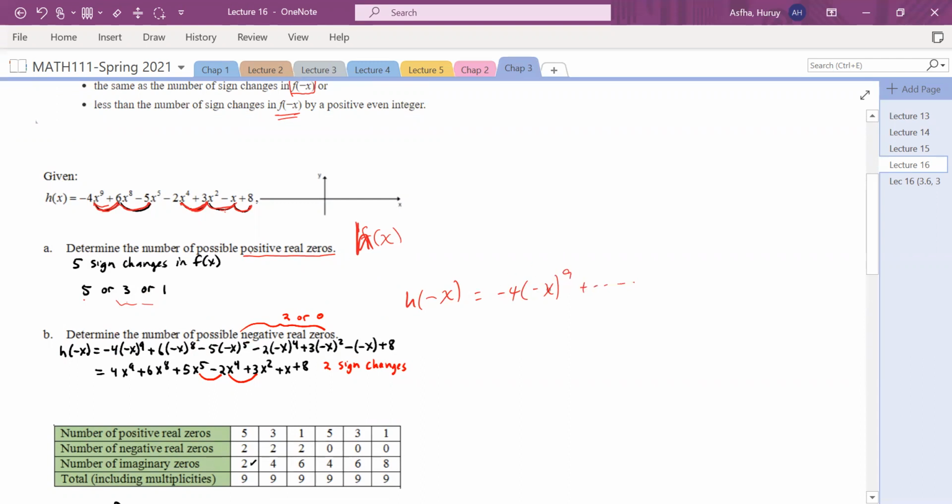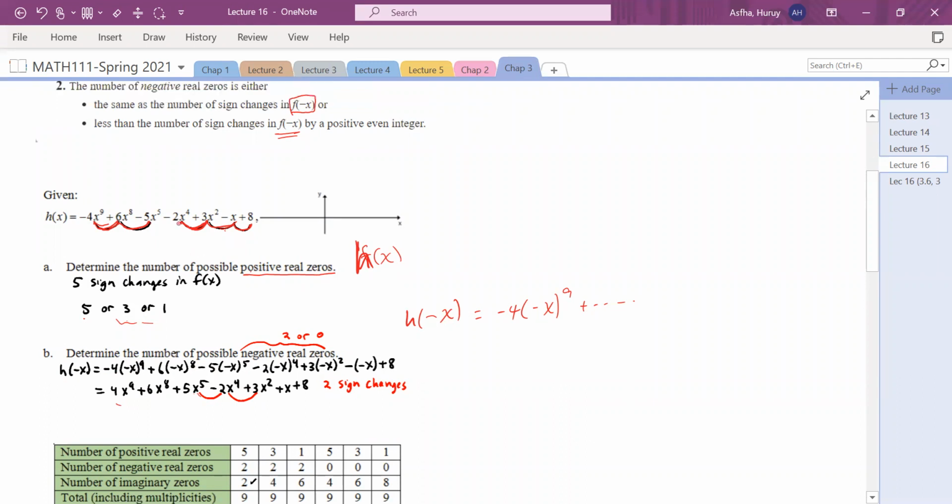So we evaluate all those things and we get this, okay? The sign changes start here, because all these are positive, so there is no sign change. But here we go from positive to negative, and then from negative to positive, so we have 2 sign changes, okay?